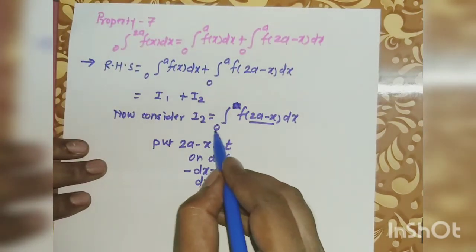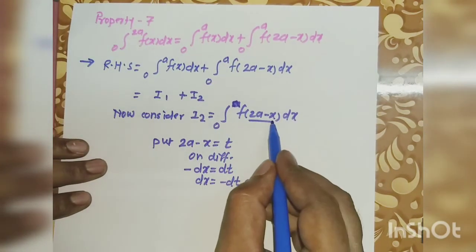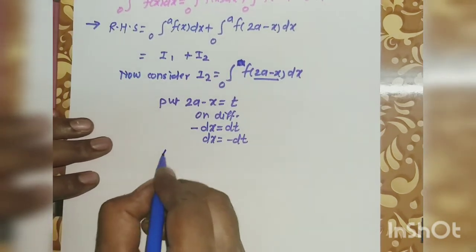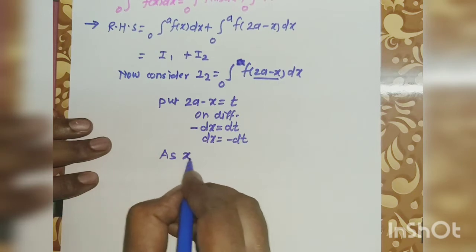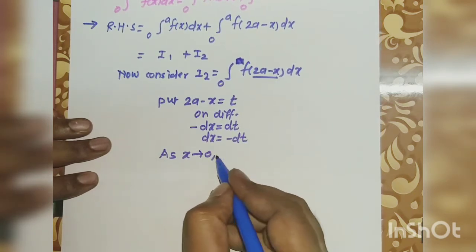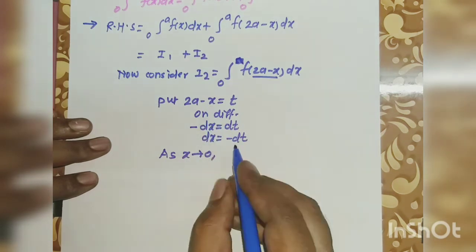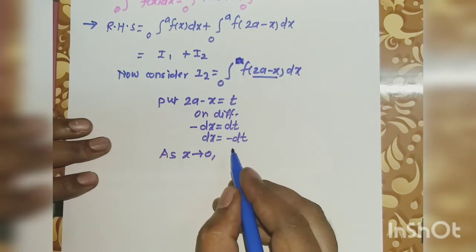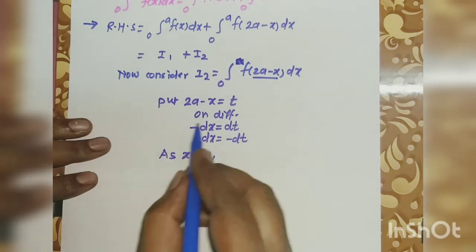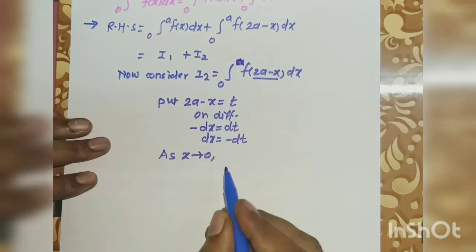Now here the limit is 0 to a when the variable is x. If we change the variable, then as x is equal to 0, we substitute x equal to 0.